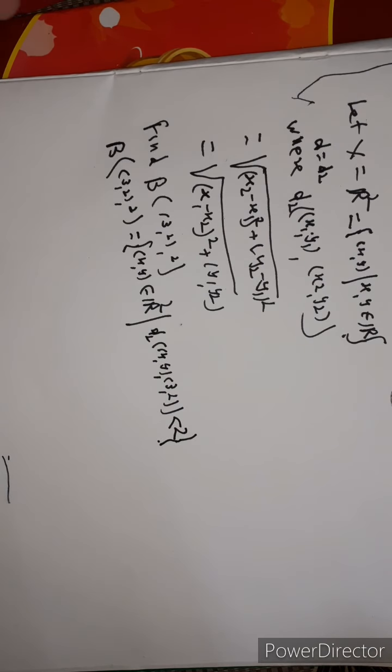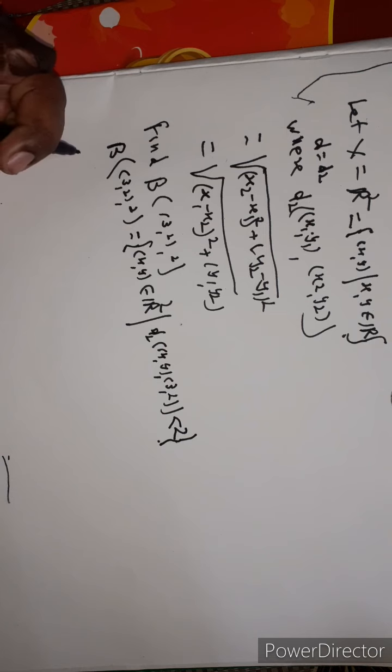This is the open ball centered at (3, 2) and radius 2. It is the set of all (x, y) belonging to R2 so that the D2 distance between (x, y) and (3, 2) is less than 2.